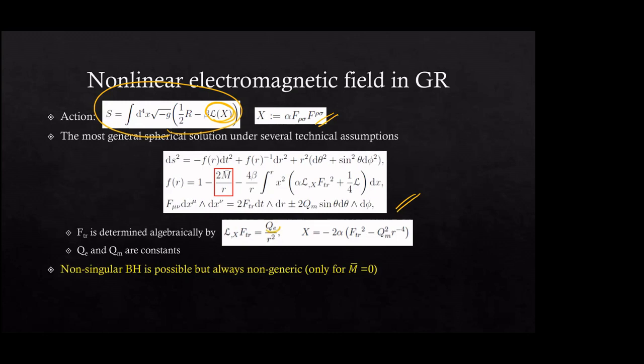Here, these are an electric constant and a magnetic constant. And F is determined by this algebraic equation. And this is the F function. And here is again the integration constant. And a non-singular black hole requires fine-tuning, m bar vanishing. So the non-singular black hole is non-generic in this case also.